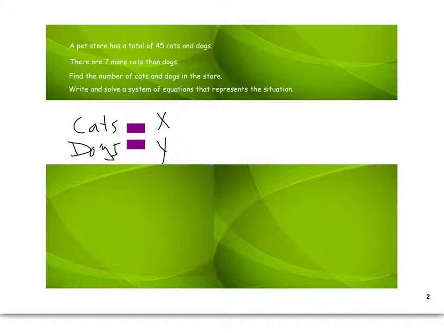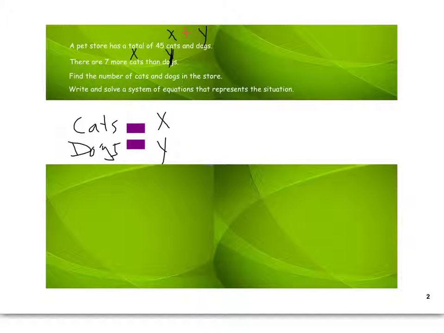So if a pet store has a total number of 45 cats and dogs, each time I see the word cats, I'm going to put an X. Each time I see dogs, I'll put Y. Okay. And is also a good hint word there. That means plus.